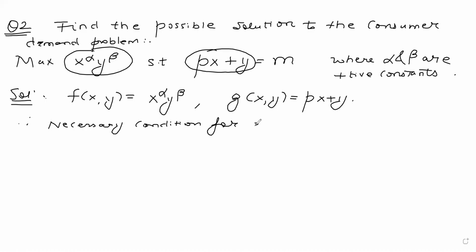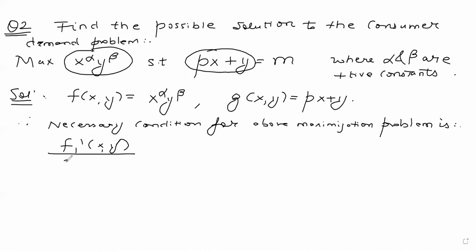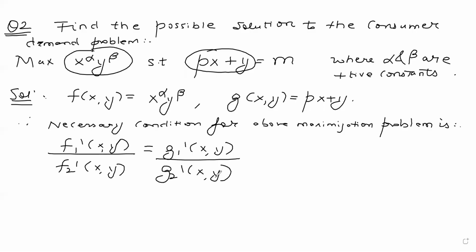The necessary condition for the above maximization problem is f1 dash of x, y upon f2 dash of x, y equals g1 dash of x, y divided by g2 dash of x, y. So this is our necessary condition.